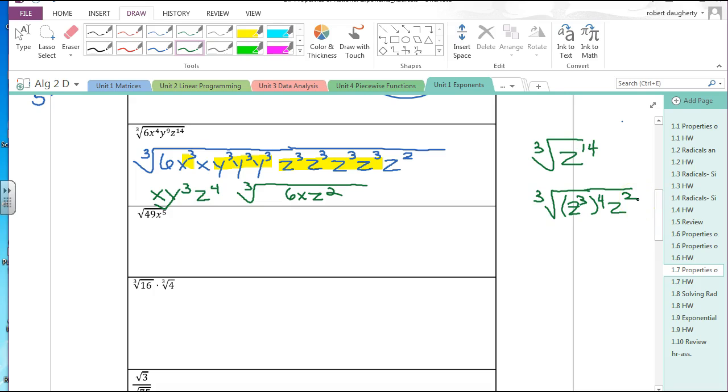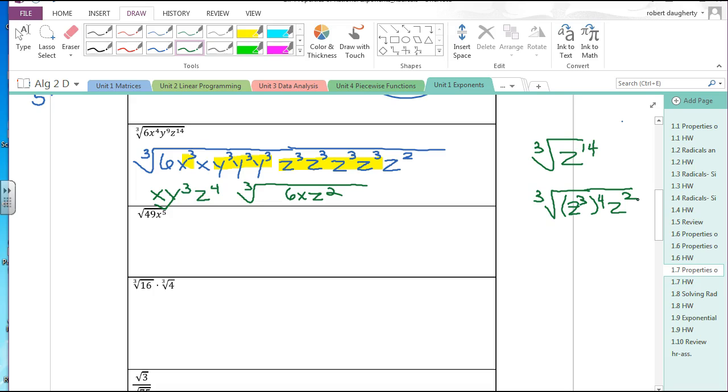It might be more common. Okay, so you know that the cube root of z cubed, 4 of them come out, okay? I just prefer from a visual standpoint to write it like this, and then I can visually see what stays under the radical, what comes out of the radical, okay? So this is a little bit more writing, but it's just organizing things so that you can go back and check your work.